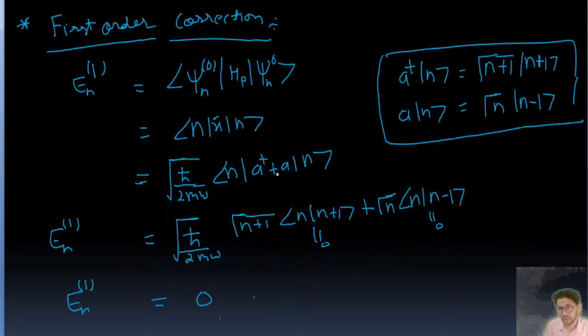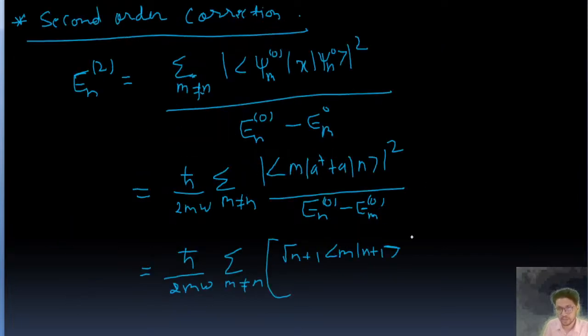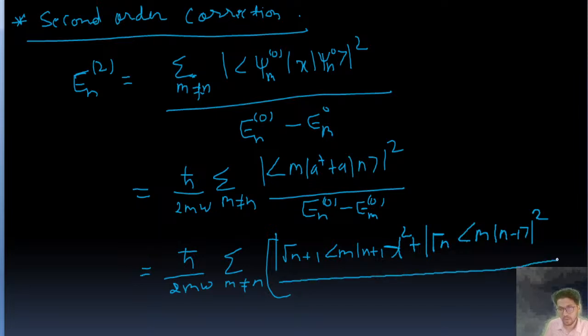I have already told this formula, right? We have used it, plus for this it's going to be root n, m into n minus 1. This is mod square, simple calculation guys, upon E_n naught minus E_m naught.